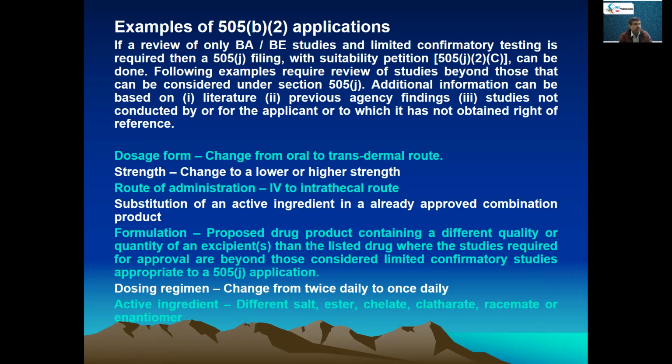The reason for this is that in the case of abbreviated new drug application, it is mandatory that the API should be same as was used by the innovator company.